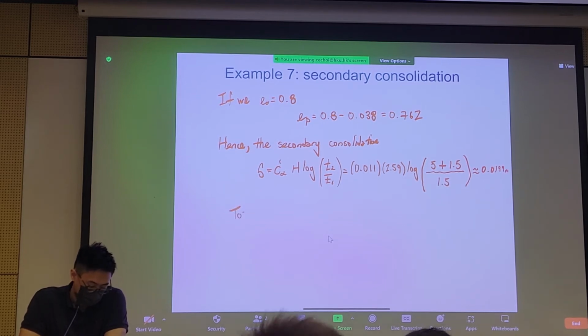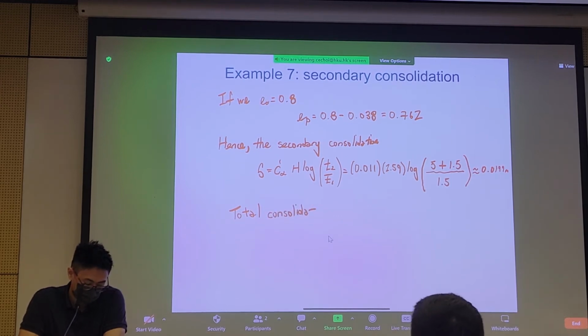So total consolidation settlement is equal to primary plus secondary.